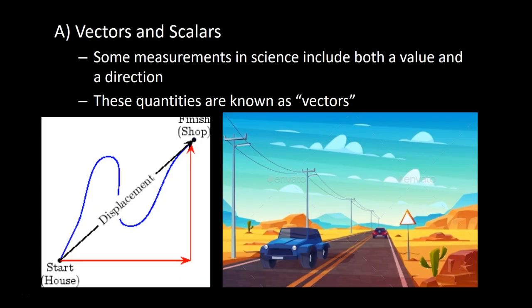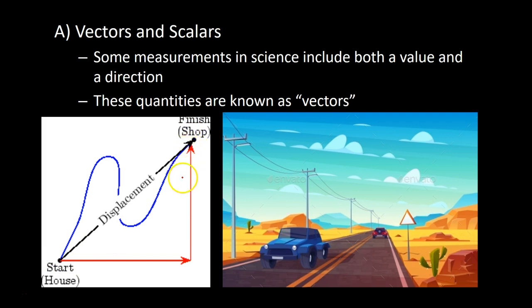First, vectors and scalars. Some measurements that we do in science include not just a value, like a number like 7, but they also include a direction. One example is right here. Let's say that you're starting at your house and you're giving directions to your friend. You're saying, okay, we're going to meet at this maybe bookshop. And your friend asks, oh, well, how do I get there?